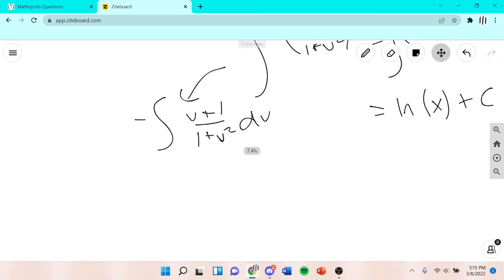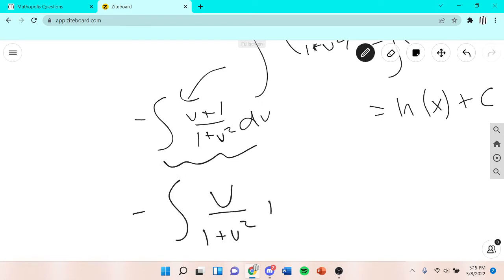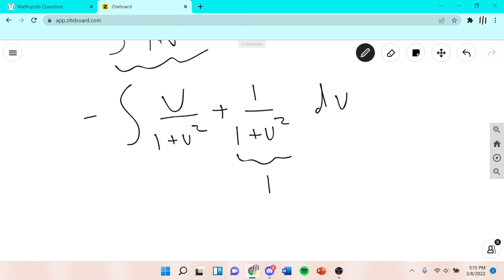We're going to separate this into two different partial fractions, plus v over 1 plus v squared dv, and this becomes much easier. This one, if you remember your inverse trig derivatives, you know that the antiderivative of this is just going to be arctan of v.